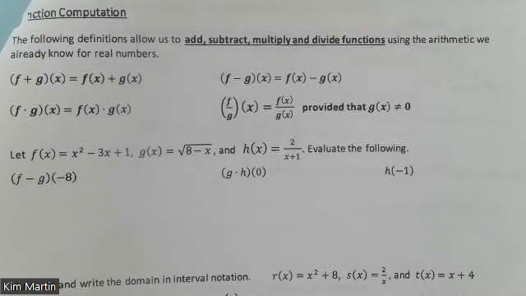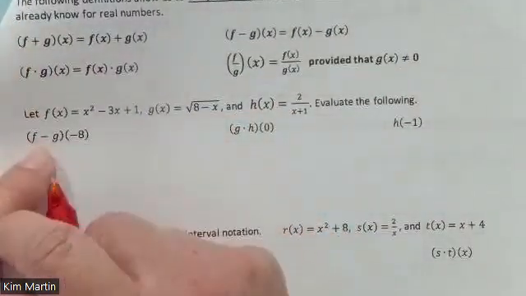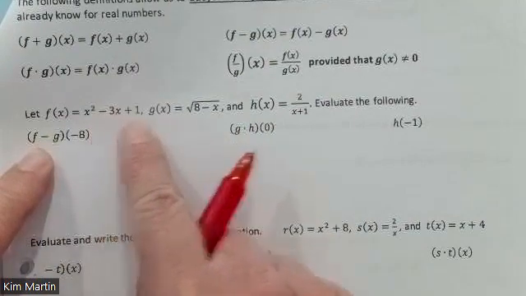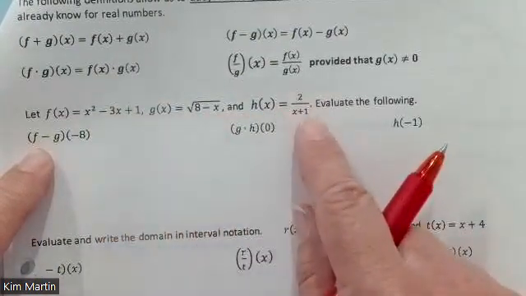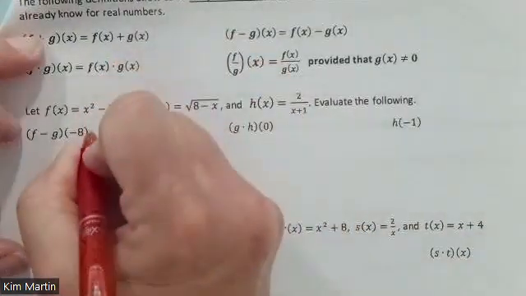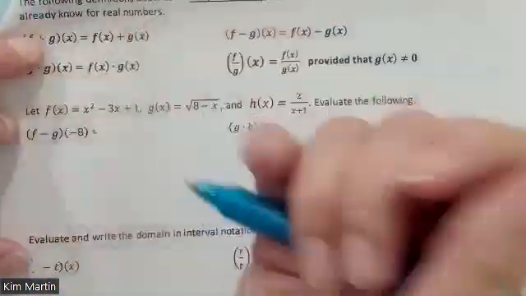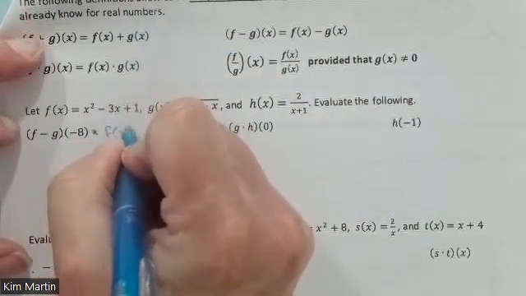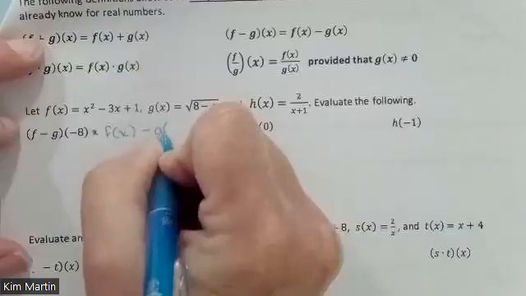Okay, so now let's work it. When you have this right here, first of all, it says f of x is this function, g of x is this one, and h of x is this one. Evaluate the following. We are going to take our f of x function, hold on a second, and we are going to subtract our g of x.